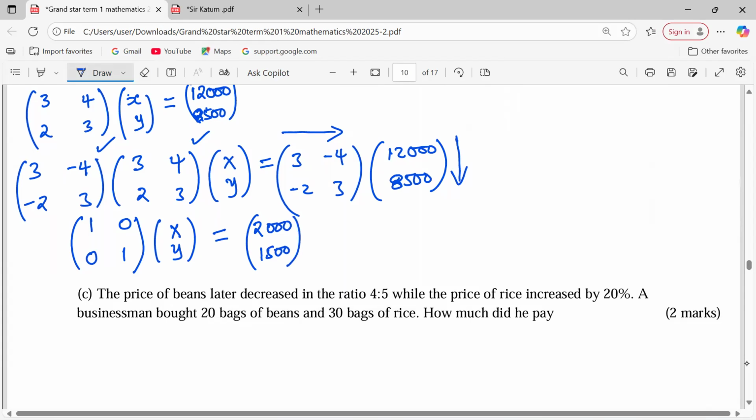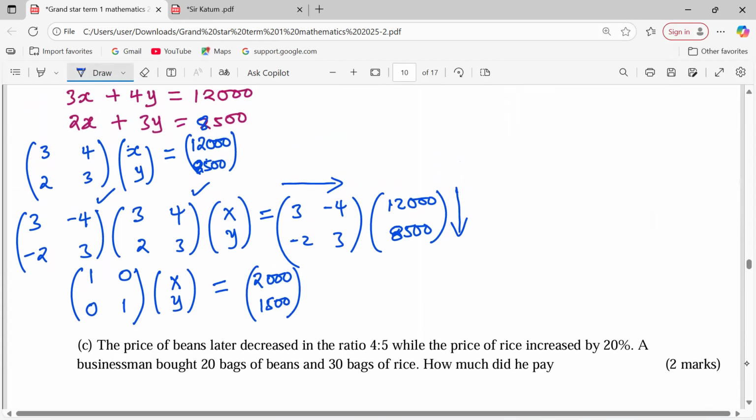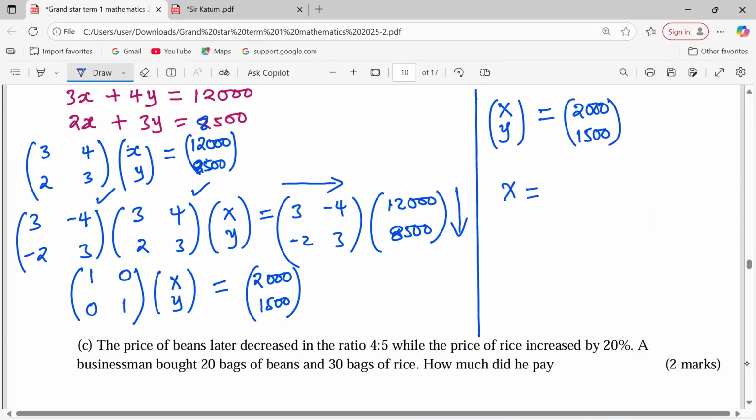So now at this point, we can say identity matrix multiplied by any matrix, the matrix remains as it is. If the matrix remains, then we say XY remains. Then on the other side, we have 2,000, 1,500. So X, which is the beans price, then Y, which is the rice.